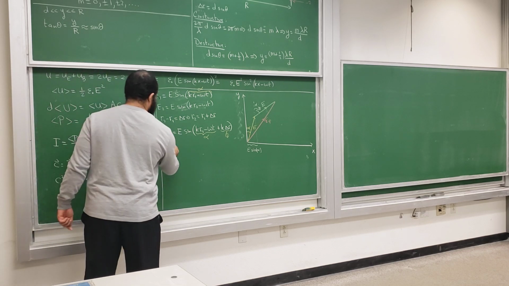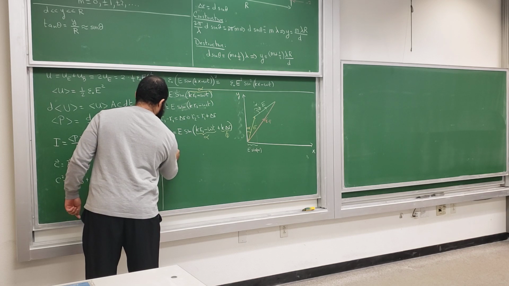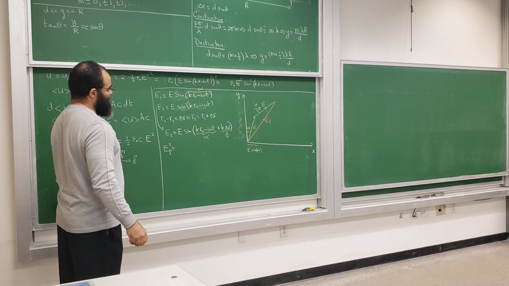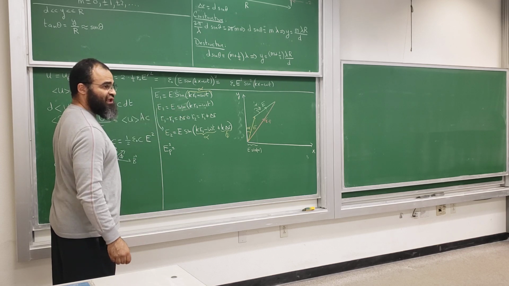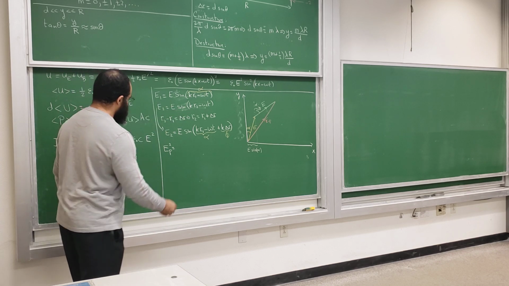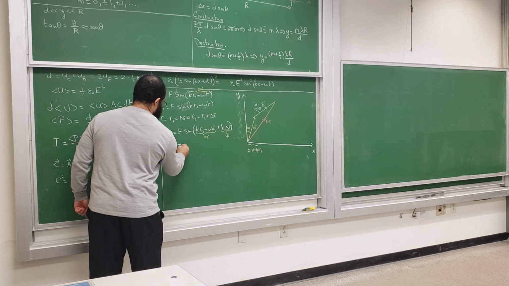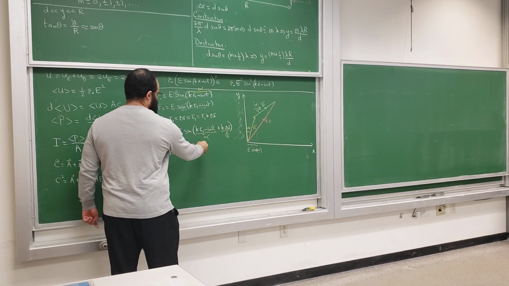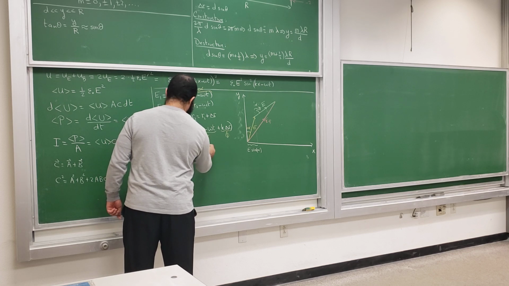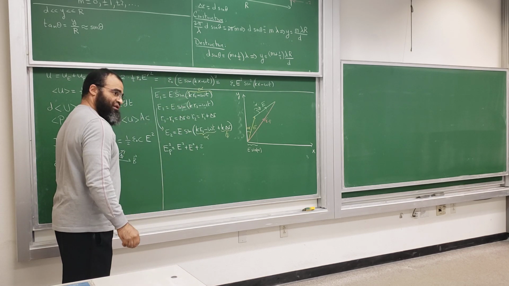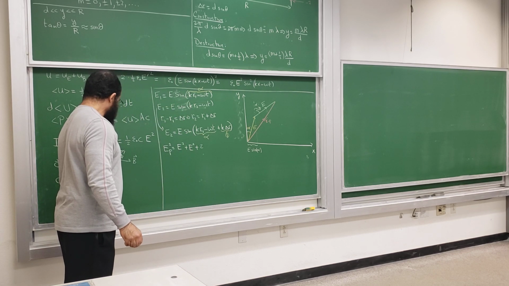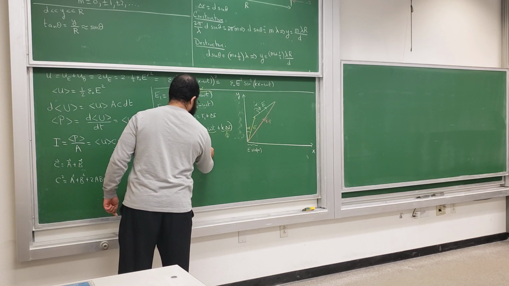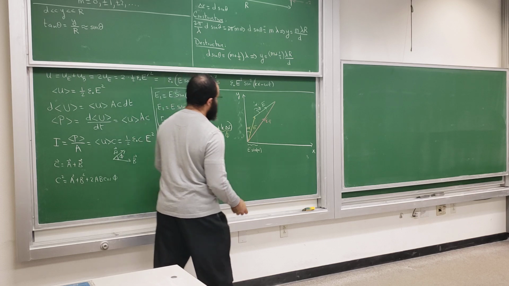So EP squared will equal to, what's the magnitude? Our first vector has magnitude E, and the second vector also has magnitude E. So if I add them together, I would get E squared plus another E squared plus 2 times E times E. What angle do they make with each other?